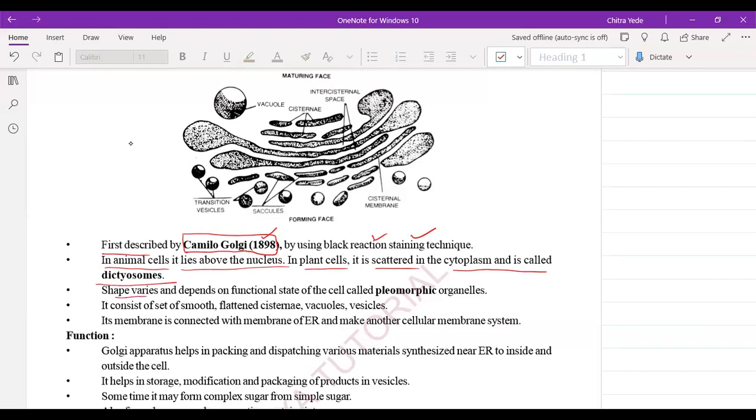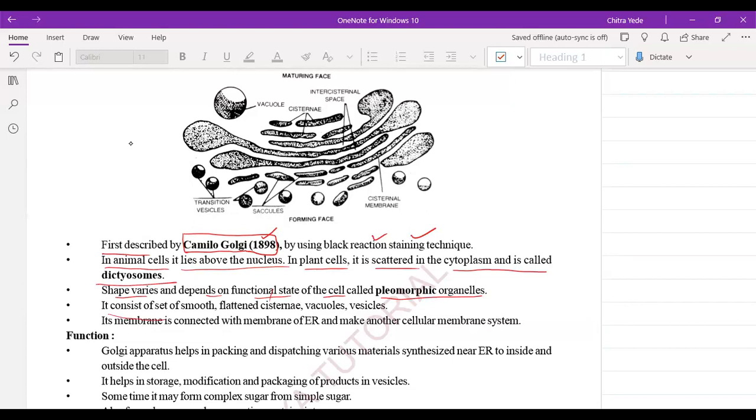Its shape varies and depends on the functional state of the cell, so it is called a pleomorphic organelle. Generally its work is the modification of proteins into enzymes, and it forms vacuoles and lysosomes, the packaging material.